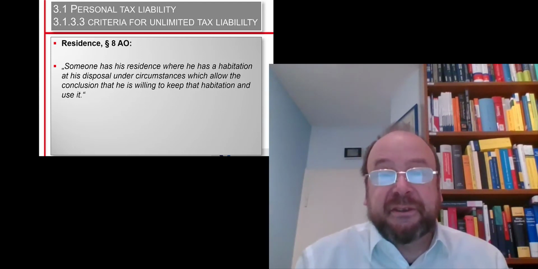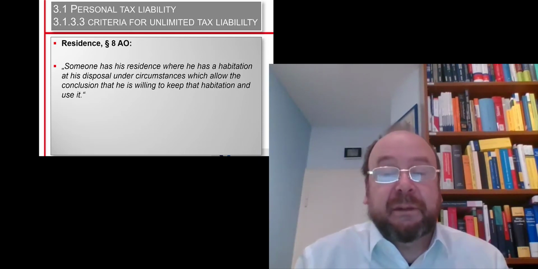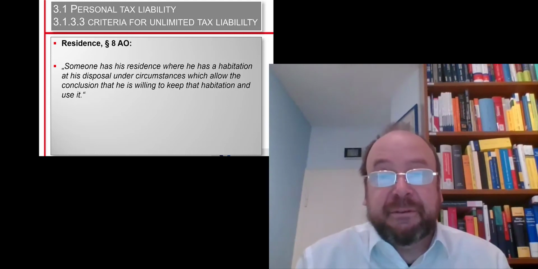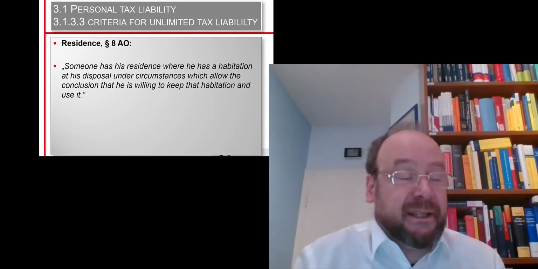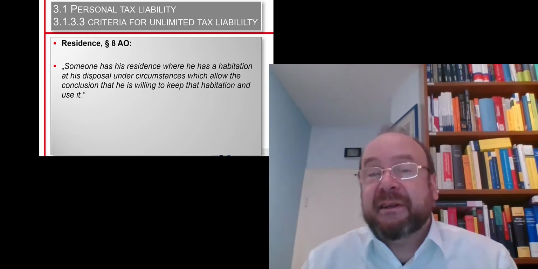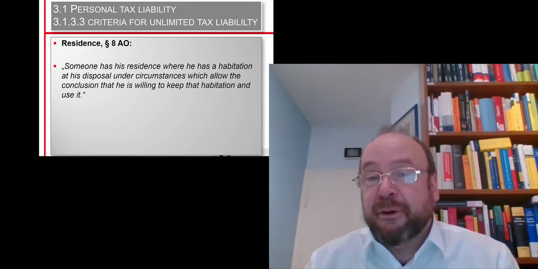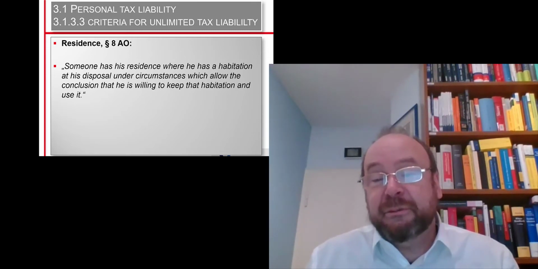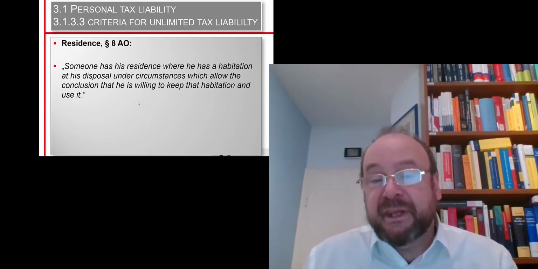The courts in Germany say if you want to keep rooms or habitation for less than 6 months, that's definitively not with the intention to keep it for a longer time, because then you directly have in mind that after a short time you will again have to leave there. But if it's for longer than 6 months, then that is already a certain duration which justifies the conclusion that that will be kept over a longer time.